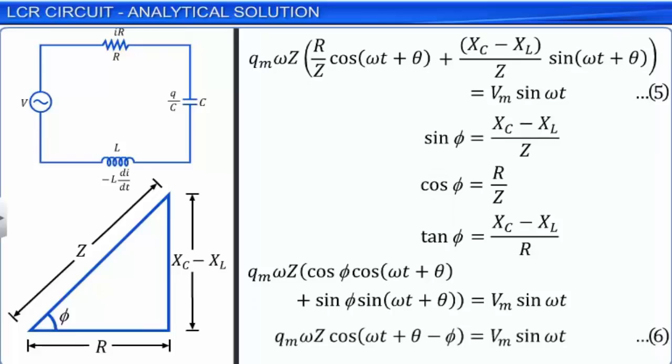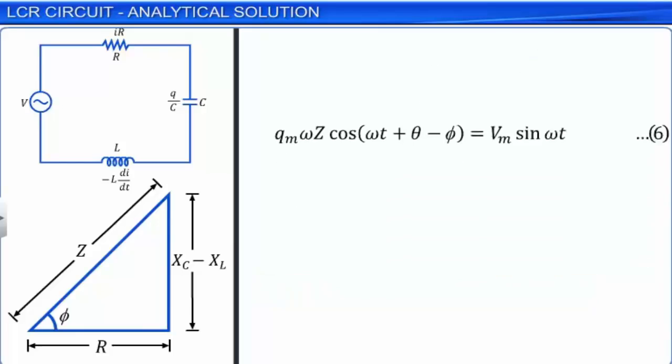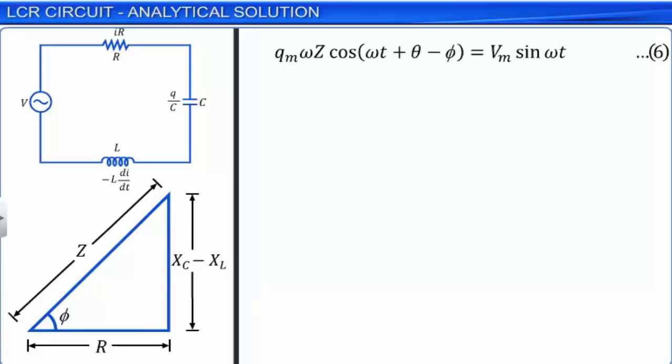Here, we have used the trigonometric identity cos A cos B plus sin A sin B is equal to cos(A minus B). Comparing the values on both sides of equation 6, we get Vm equal to Qm omega Z, which is equal to Im Z. Therefore, the maximum voltage in the LCR circuit, Vm, is equal to the maximum current in the circuit, Im, into the impedance of the circuit Z.